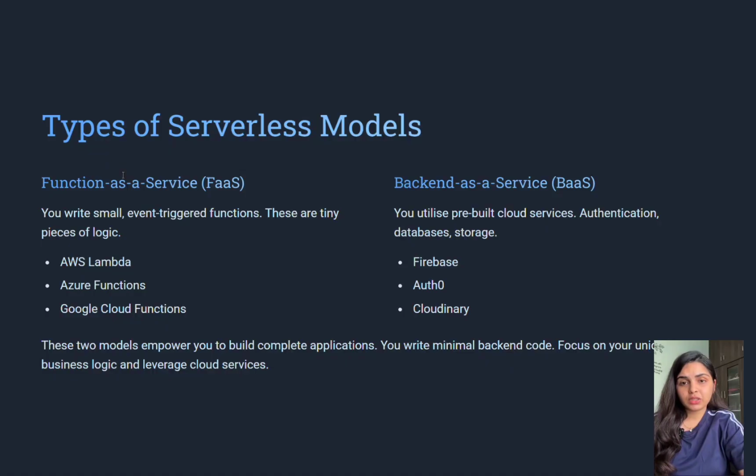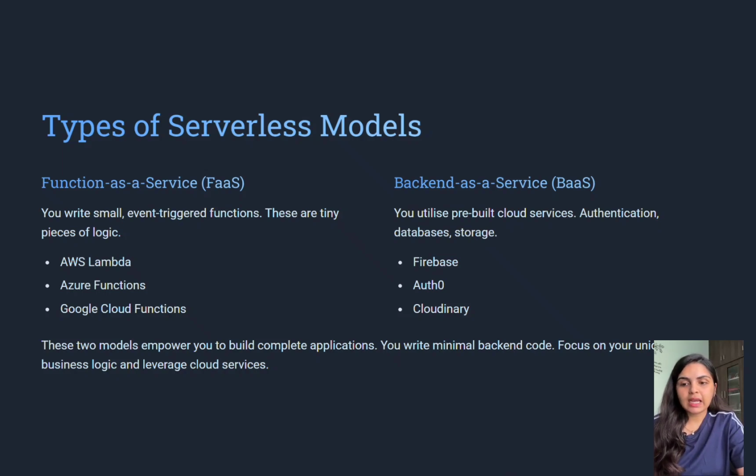Now that we got to know the key features of serverless computing, it's time we get to know the types of serverless models. There are two main serverless models. First one, Function-as-a-Service. It's basically when you write a small piece of logic called a function. They run when triggered. For example, a function that sends an OTP email when users sign up.